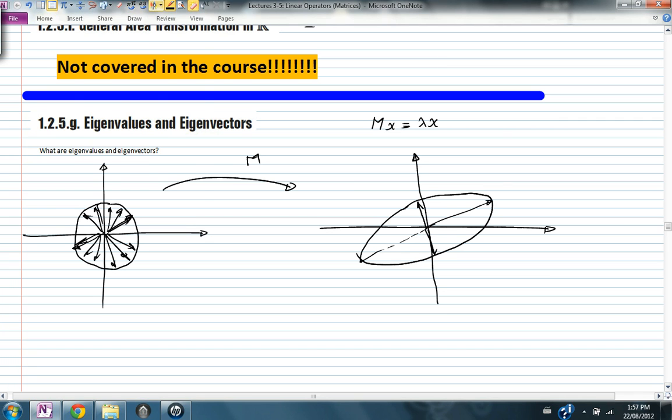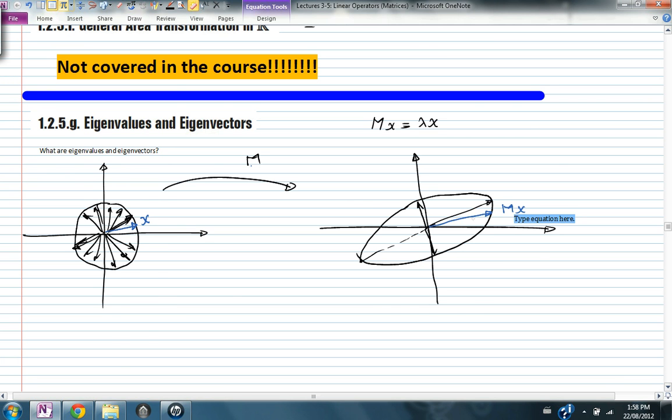There is a special vector, I'm going to call this vector x. There could be a special vector x such that when M is multiplied by x, I get another vector Mx.